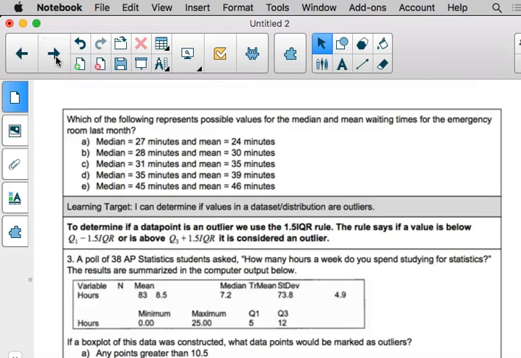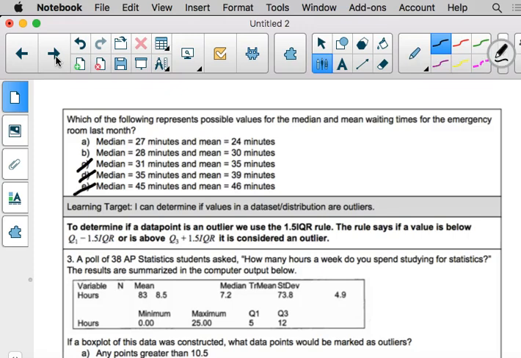We talked about having a median above 20, but less than 30, so that rules out all of those. We also talked about the general shape looking slightly skewed right, so we'd expect the mean to be slightly larger than the median. That would leave us with letter B.